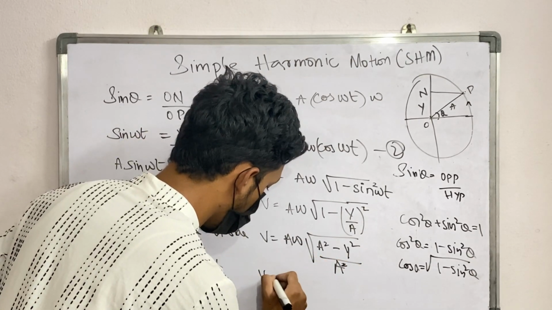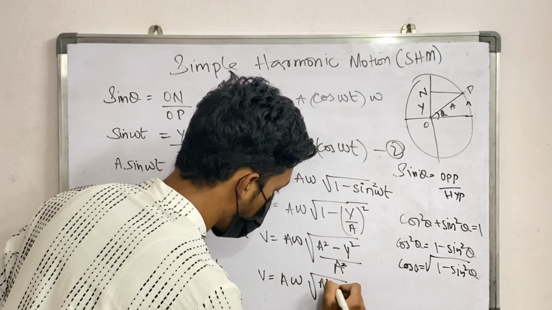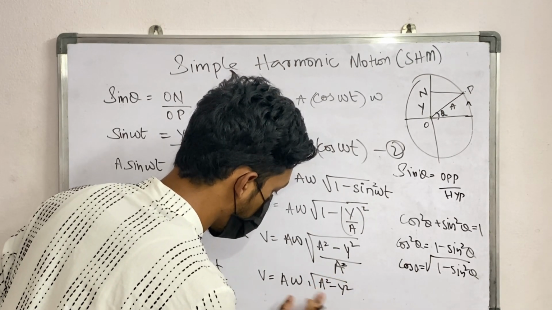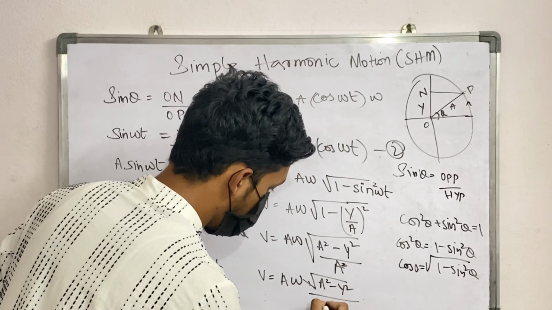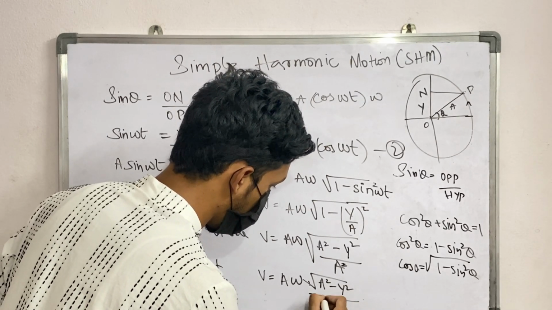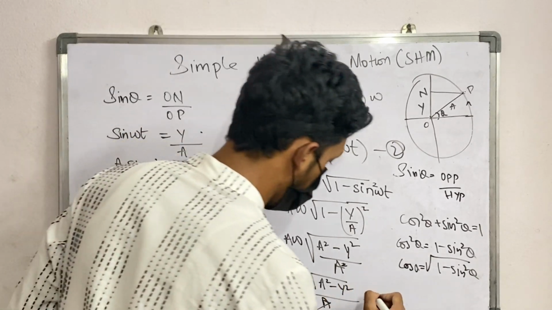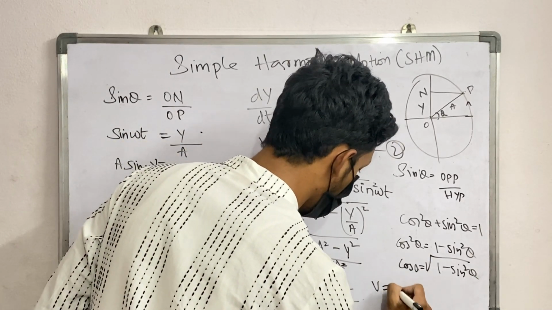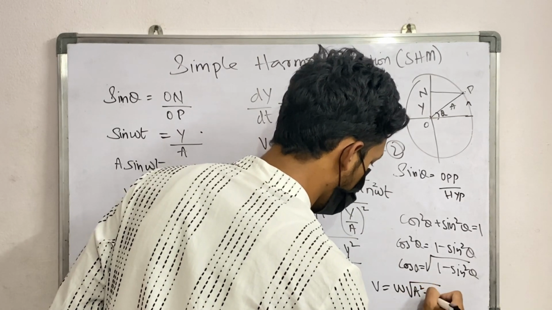So now v is equal to a omega under root a square minus y square by a, and a gets cancelled. So now we write v is equal to omega under root a square minus y square.